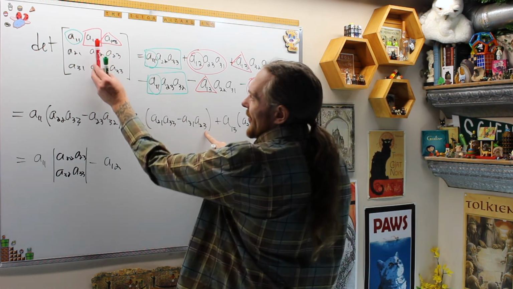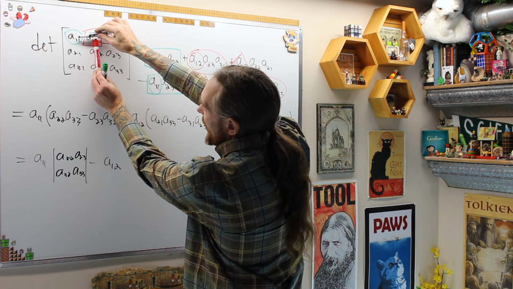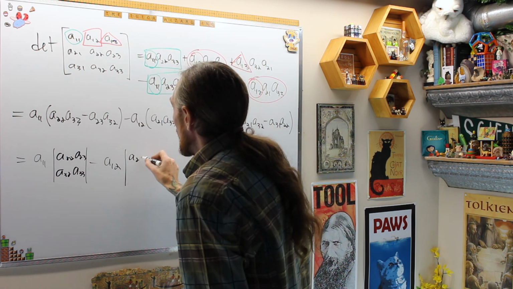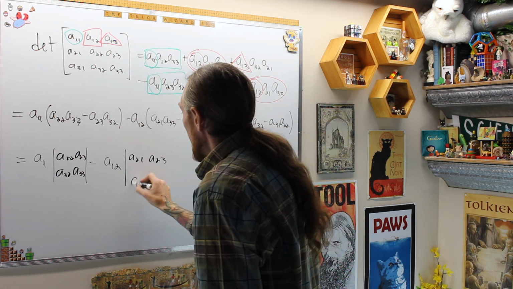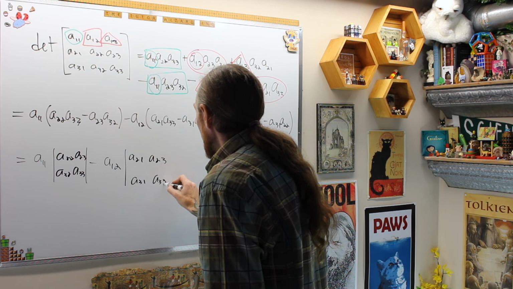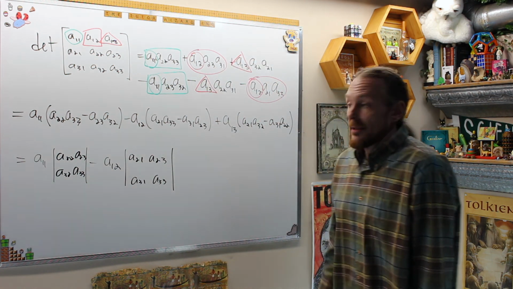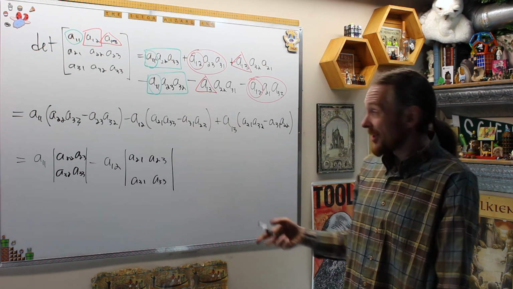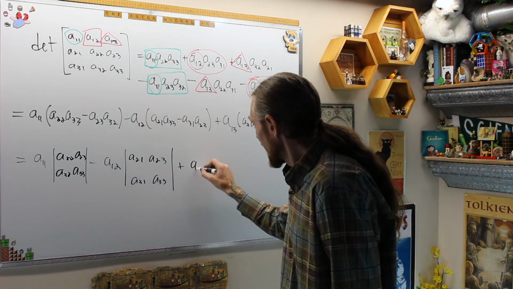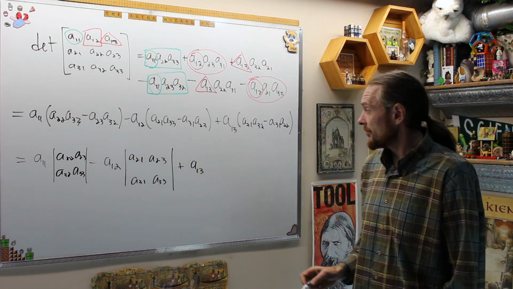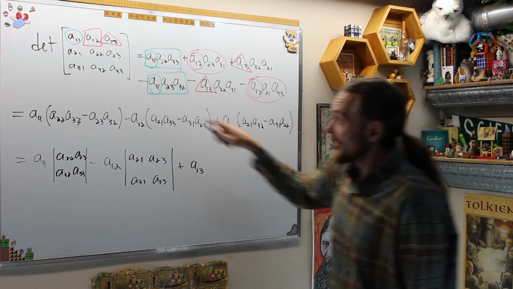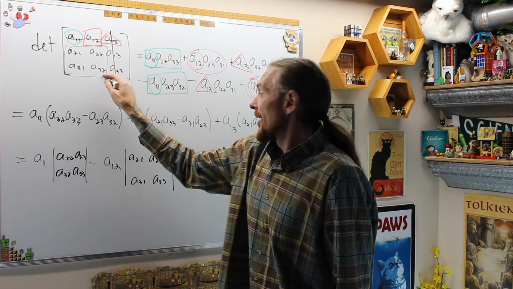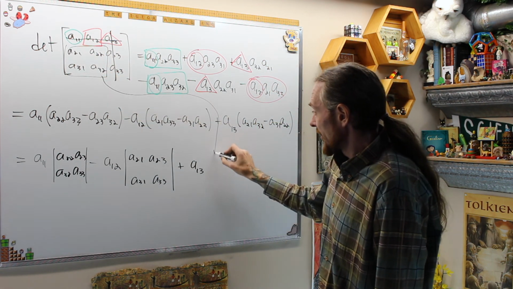Well, if you block off this column and this row, it turns out it's this 2x2 determinant: A21, A23, A31, A33. This minus this, a 2x2 determinant, plus now A13 times this determinant. Hopefully you see where I'm going with this now. If I block that off, this guy is going to go right there.